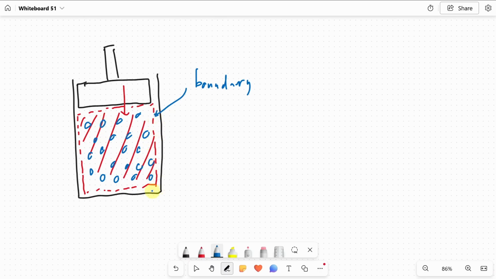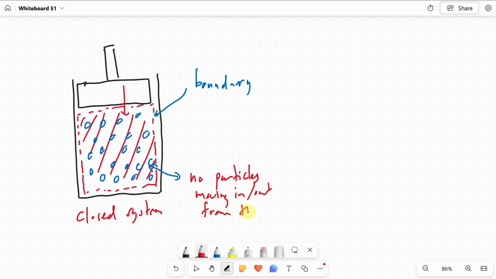So within this boundary, this is a closed system. Within this boundary, the particles cannot move in or move out. There's no way for the particles to move in or move out. All right? There's no particles moving in or out of the boundary.